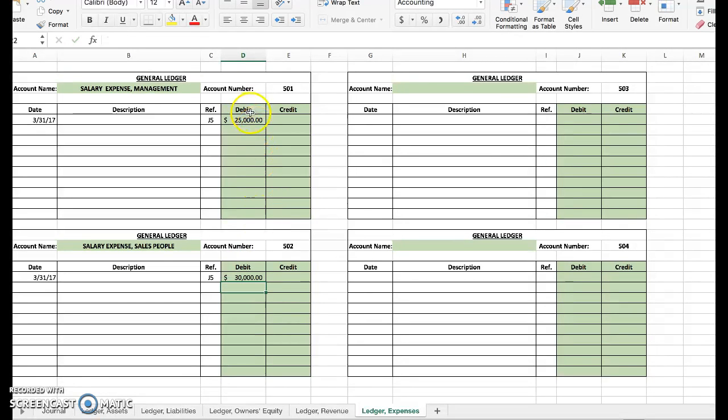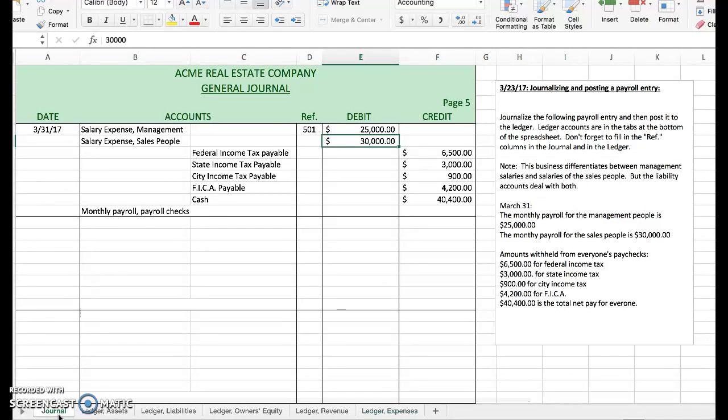So there's two accounts for this. We don't need two separate entries, but two accounts are debited. The management people made 25,000 and the salespeople made 30,000 this month, and we want to keep track of that separately. So this was account 502, and we put that back in the journal.